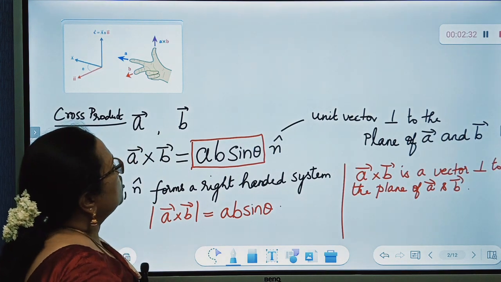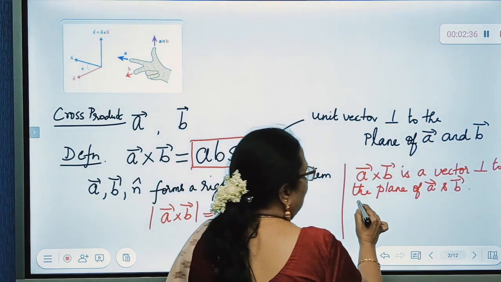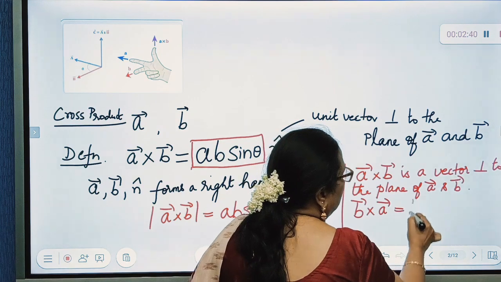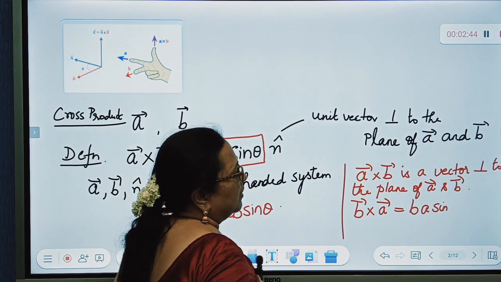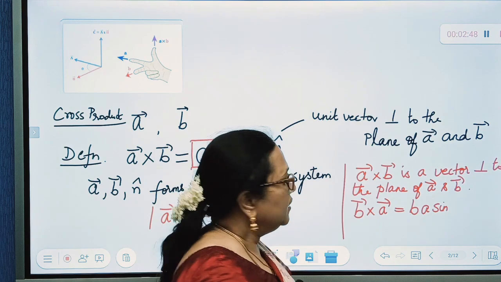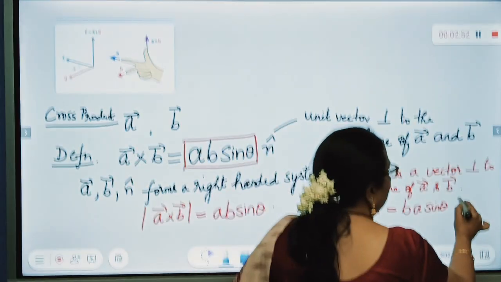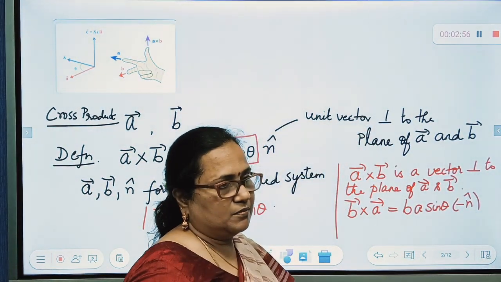Okay, now let us note some points. Suppose we look at B cross A. Then what will you get? BA sine of theta, where theta is the angle between A and B. You know that B, A, minus n cap will form a right-handed system.